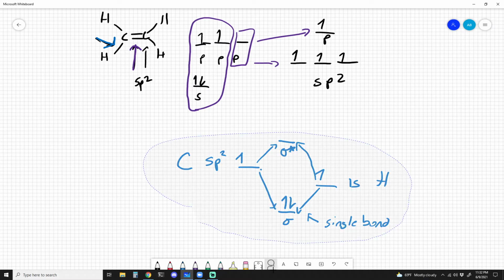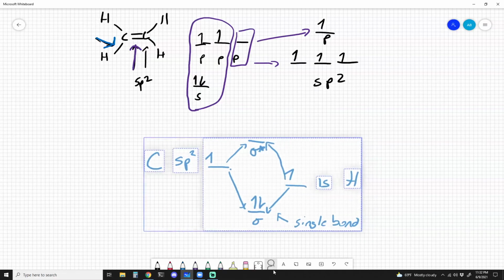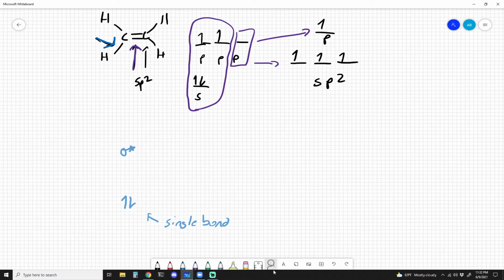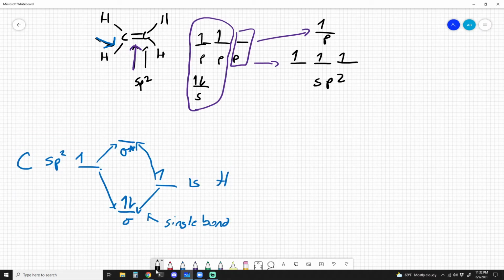So let's now look at the other bond here, the carbon-carbon double bond. This time we're doing things a little differently. Over on the carbon side, we have an sp2 orbital, and then we also have the p orbital making a molecular bond. The p orbital from each carbon will combine, because the double bond is made from pi bonds.